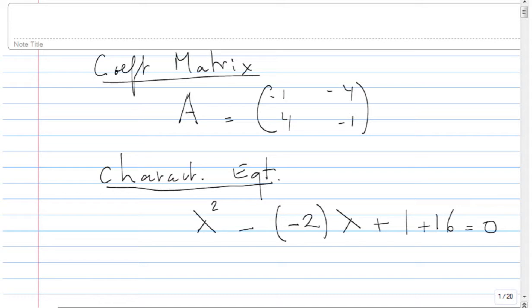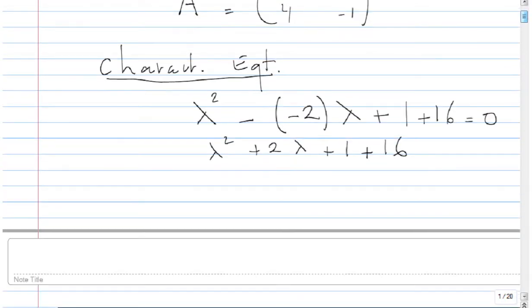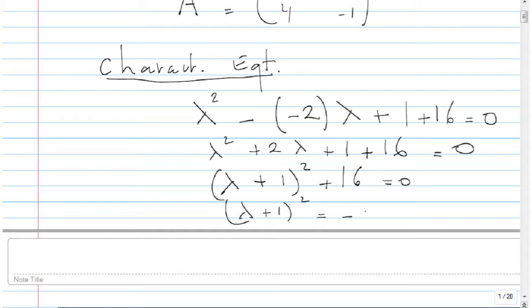Okay, so this gives us lambda squared plus 2 lambda plus 1 plus 16, and this is clearly equal to 0. Lambda plus 1 squared plus 16 equals 0. Lambda plus 1 squared equals minus 16.